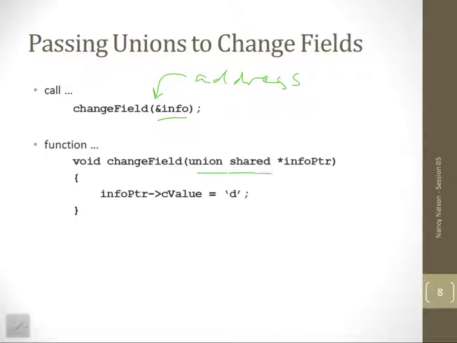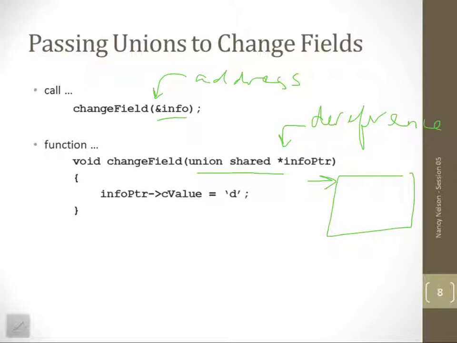And here, this one is called a dereferencing operator, and we're going to talk more about this in Unit 7 when we talk about pointers. A dereference operator says that we have that space that was reserved for our union, and what we're passing in is where that space is, kind of like what we've done with arrays.